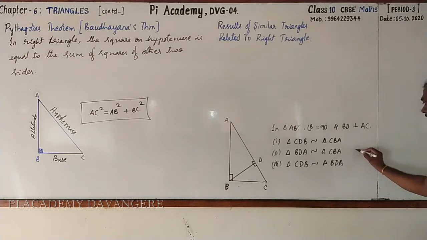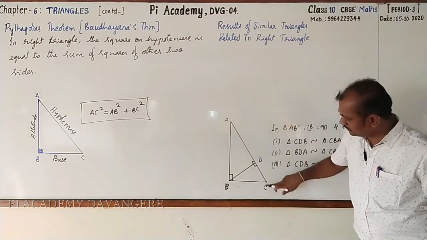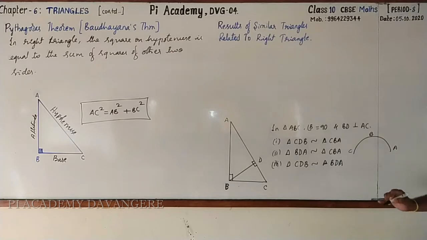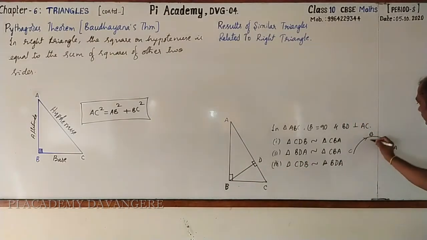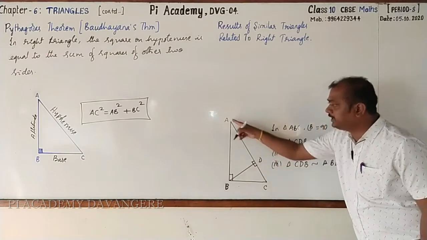To remember this, I can just give you one simple diagram. Look here. Here, the vertex of the main triangle CBA like this. This is C, this is B, and this is A. And the other two triangles are CDB, and one more, BDA.